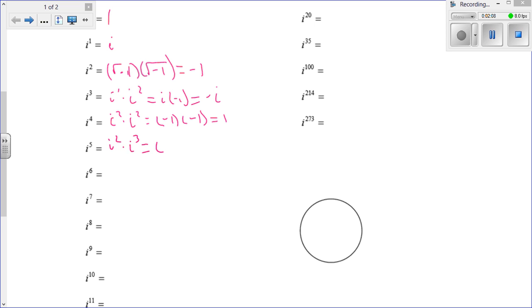So that is -1 times -i, which is +i. i to the sixth is i to the second times i to the fourth, which is -1 times 1, which is -1.